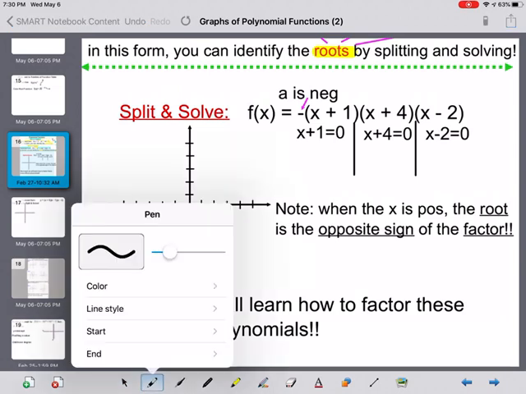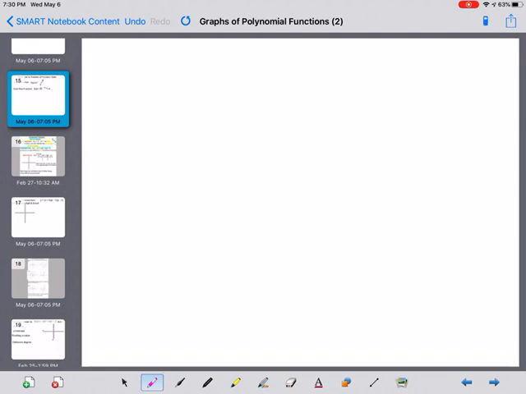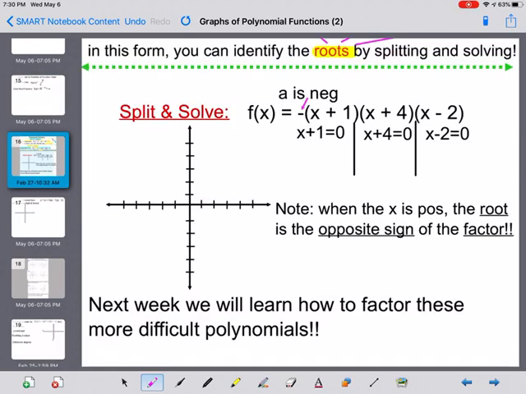Okay. Here, we're going to split and solve. So I'm going to do that with you guys. Notice I took each thing that was in parentheses and wrote it equal to 0. So there was x plus 1 equals 0, x plus 4 equals 0, x minus 2 equals 0. Now I'm going to solve each one. To get x by itself, I subtract 1 here, and x equals negative 1.